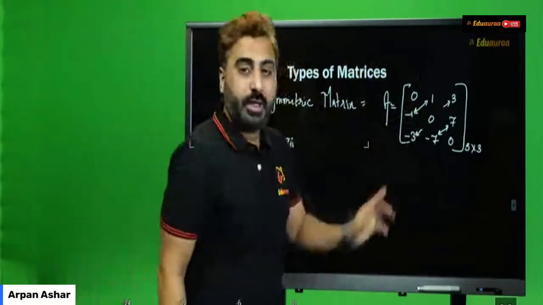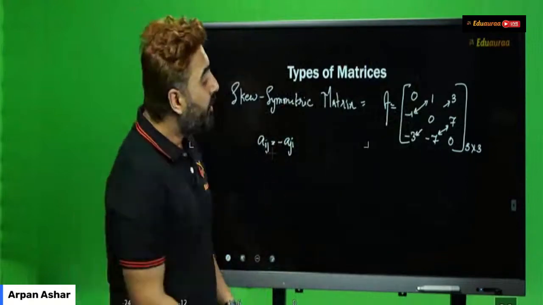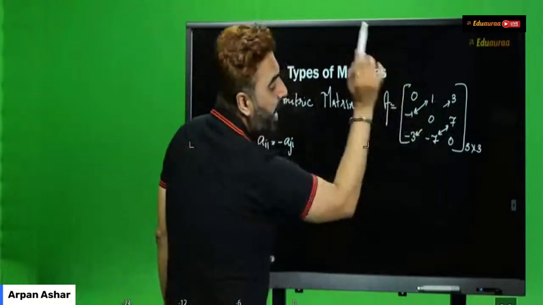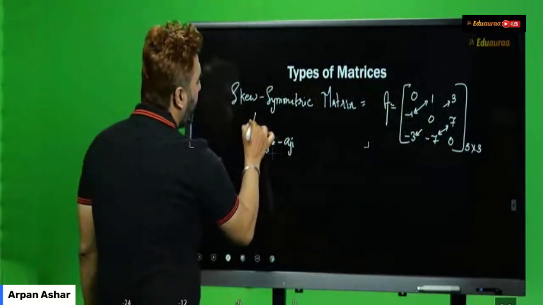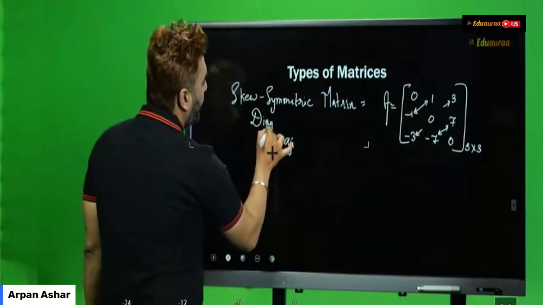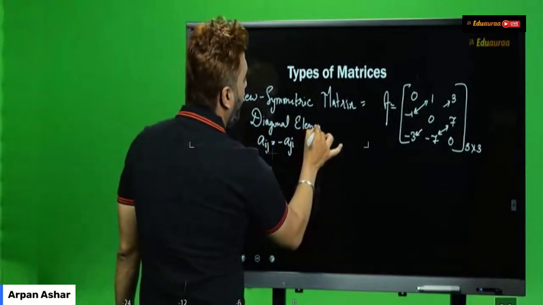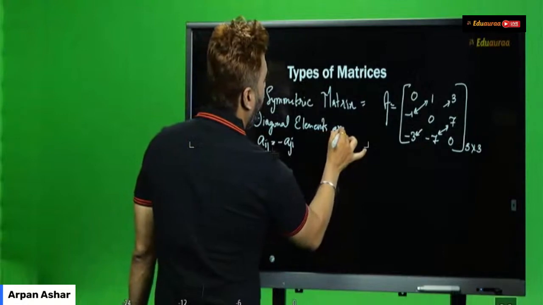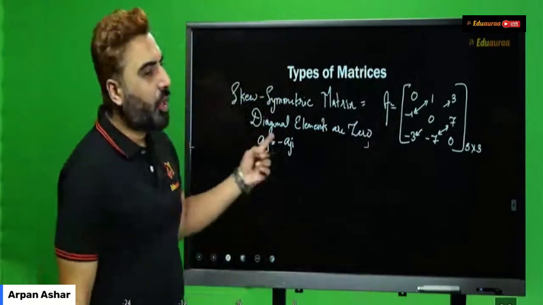And I can see one more condition, something unique here. What is that unique thing? We can see that all three diagonal elements are 0. So we can say that diagonal elements are 0.